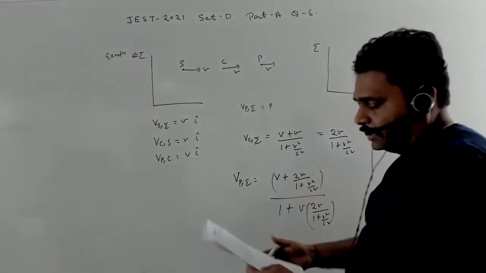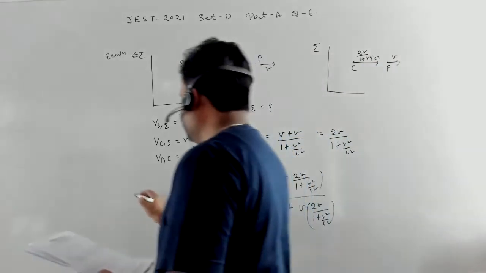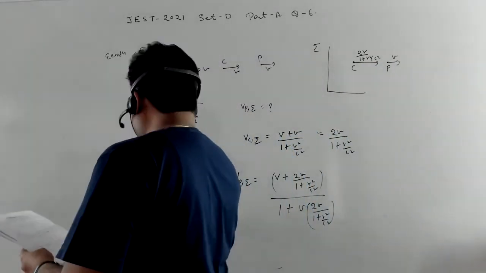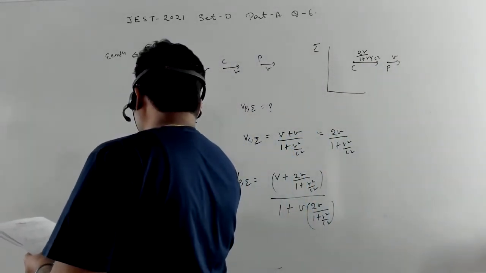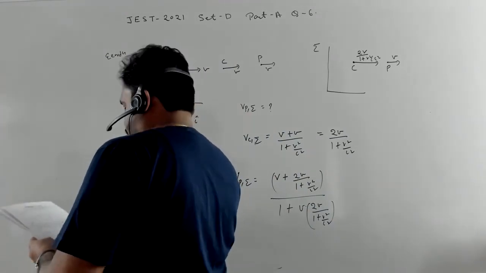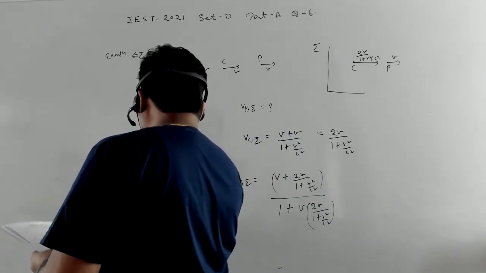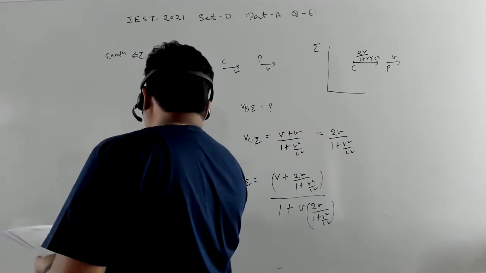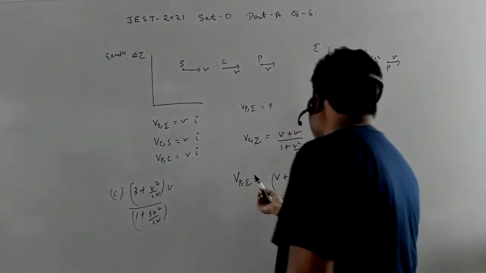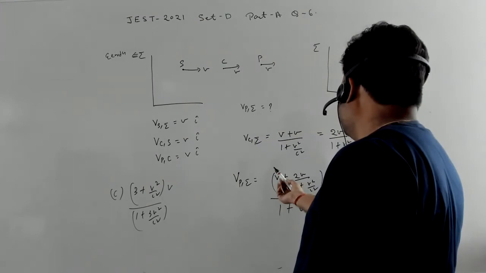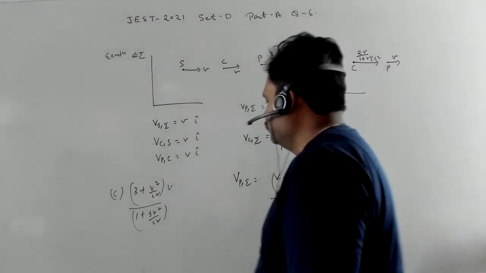When we calculate this, you will check that option C is correct, and this is given by (3 plus v square upon c square) upon (1 plus 3 v square upon c square) into v. This is very simple. You can take v common and take this as the denominator, and you can easily calculate it.